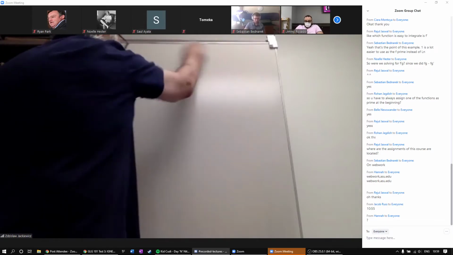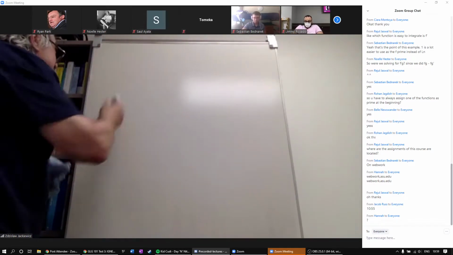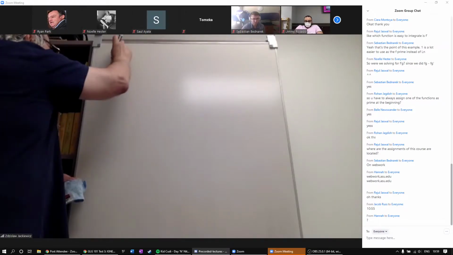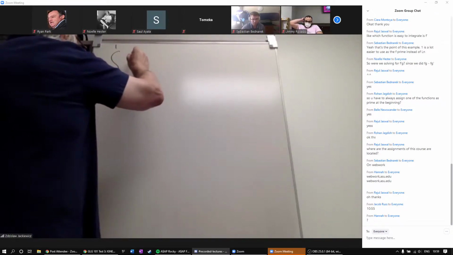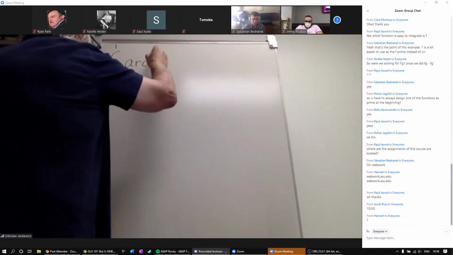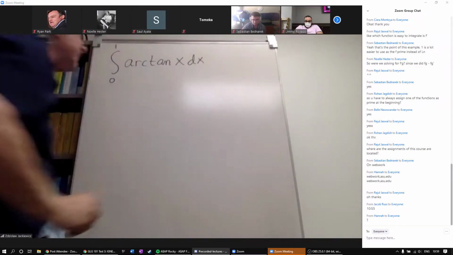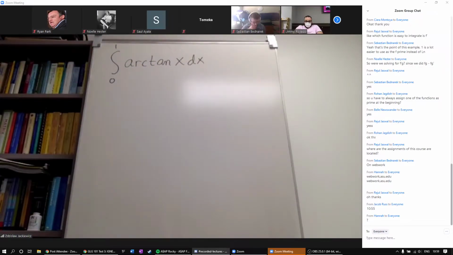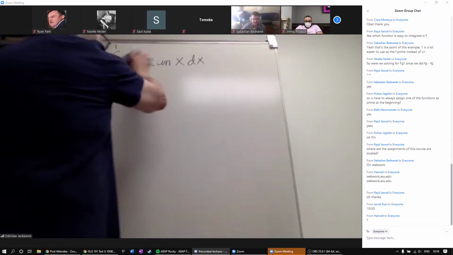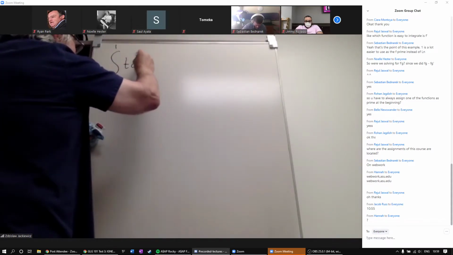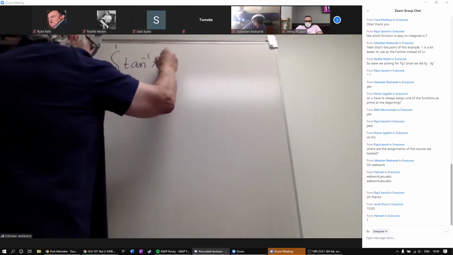And now let's try to compute the integral from 0 to 1, so definite. Let's use this other notation, because we'll be able to squeeze things on one line. So, tangent minus 1 of x dx.